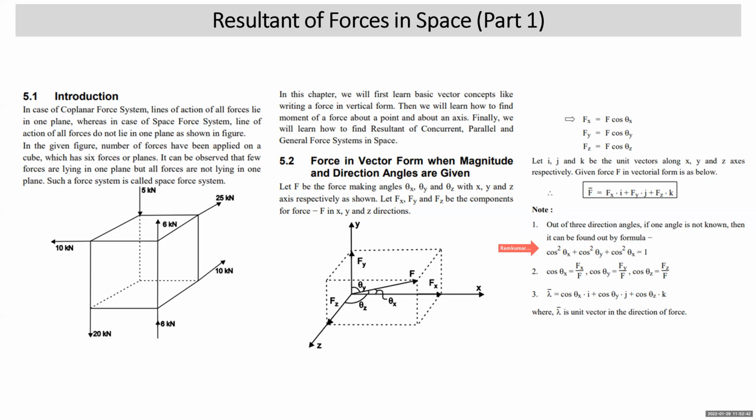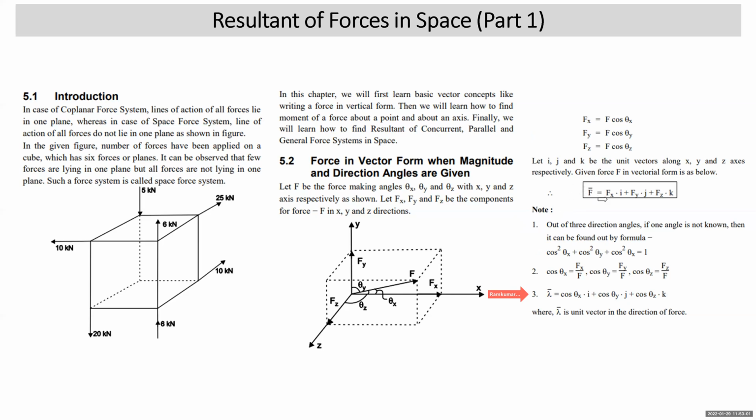Also, we understand from here that cos theta x is equal to Fx upon F, cos theta y is equal to Fy upon F, and cos theta z is equal to Fz upon F. So that gets you the unit vector in the direction of the force. How do you get the unit vector in the direction of the force? The force vector should be divided by its magnitude.